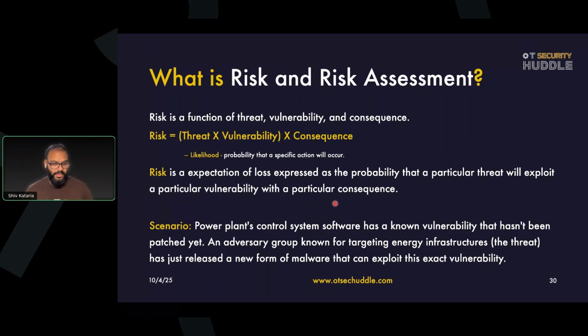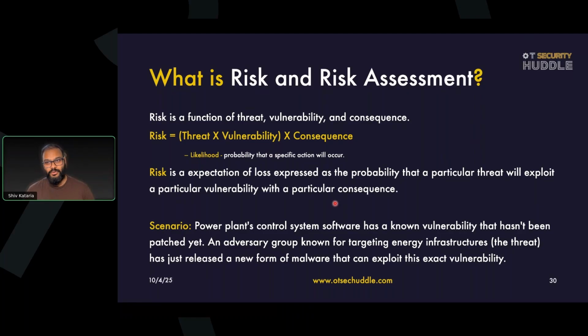So in theory, it is basically the expectation of loss expressed as the probability that a particular threat will exploit a particular vulnerability with a particular consequence. You could think of a scenario where a particular software is being run in a power plant, and this software has a known vulnerability which is not yet patched.